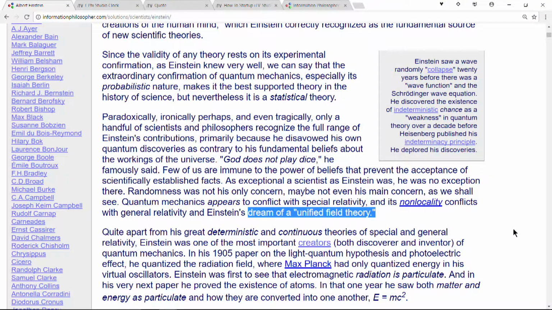The unified field theory demanded that all causal effects are local. They happen instantly and in a local point in space and time. Field theories are point theories. They give the values of all important functions at a single point, and they're said to depend on that particular point in space and time.